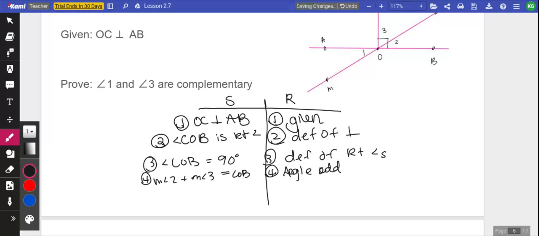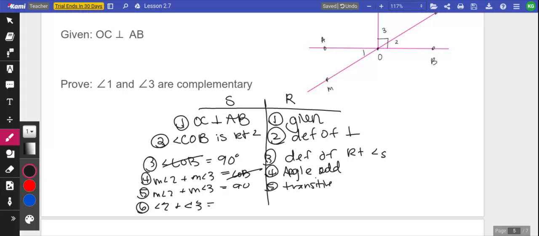Then, since the COB's cross out, now we can say measure of angle 2 plus measure of angle 3 equals 90 by transitive. And because things are equal to 90, that must mean they are complementary. That is the definition of complementary.